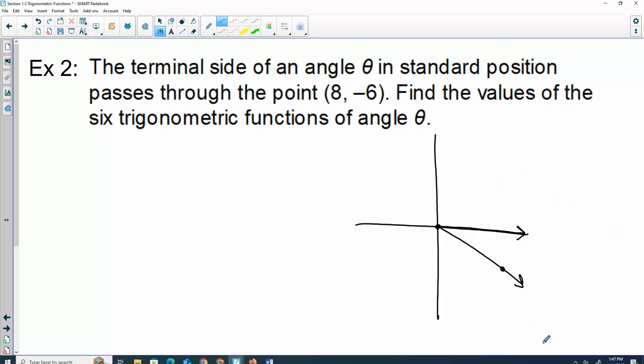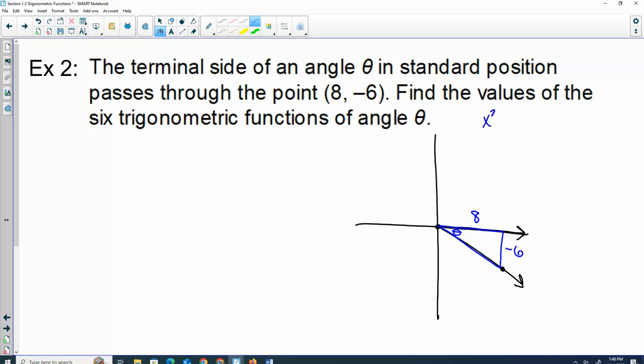So picture is optional, but if you did it, 8, -6 would be here. And so if you're looking at your triangle, this is your angle. We went right 8, down 6. And we have to find r. So you can remember the shortcut. R is the square root of x squared plus y squared.